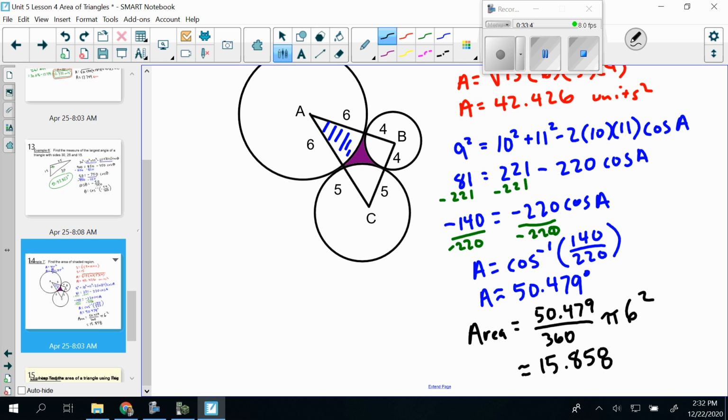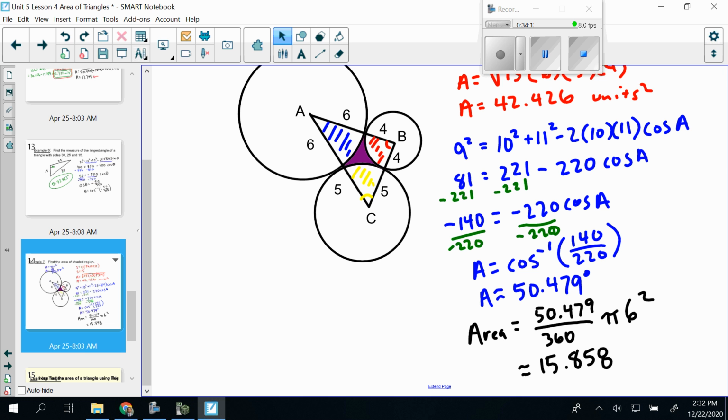Now you would repeat that: find the angle here, and then use it to find that sector. We would do it another time here, find this angle, find the area of this sector, and once we have them all, take the area of the triangle minus those three sectors, and that would be your final shaded region.